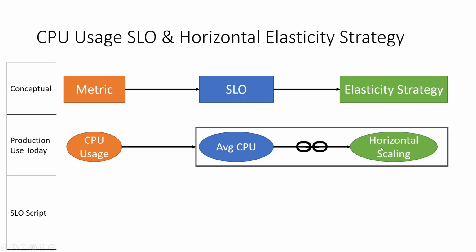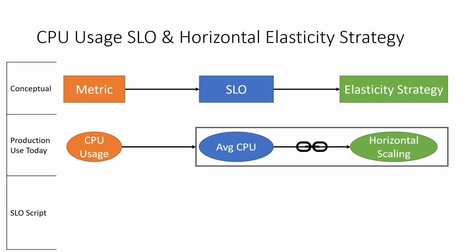Now this means that if we, for example, want to change the average CPU SLO for something else, then we usually need to change this whole controller here because the SLO is tightly coupled with the elasticity strategy. There are now some solutions that are coming up which are currently in beta stage, which allow the introduction of custom metrics, but still the SLO is often very tightly coupled with a particular elasticity strategy.